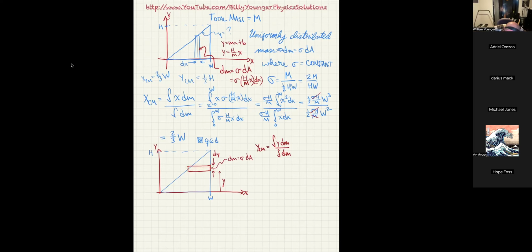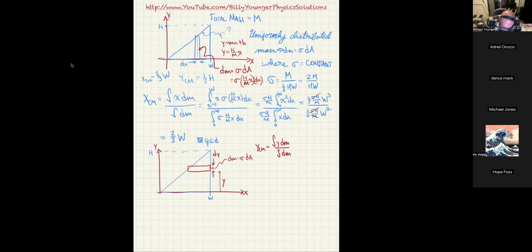Well, I know the x value here is w, and I know the x value here is given by x equals a function of y. Remember before we used y equals a function of x as linear. Now I can say x as a function of y and figure out that way if I wanted.